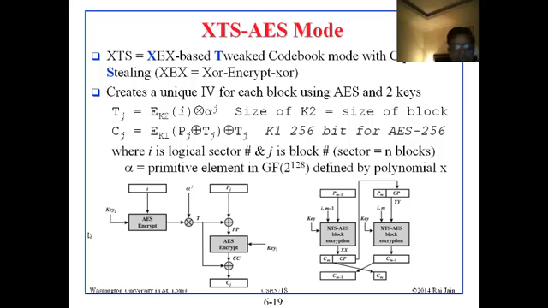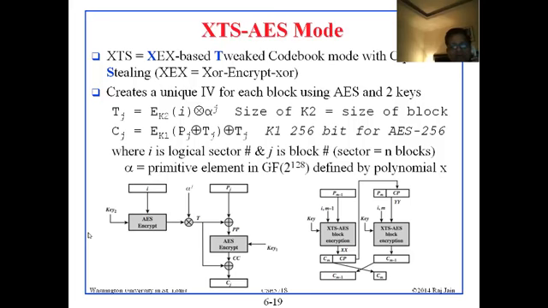That gives you Tj. And as you can see in the picture below, plain text Pj is exclusive OR with Tj, and then encrypted, and then again exclusive OR with Tj to get Cj, the cipher text j.